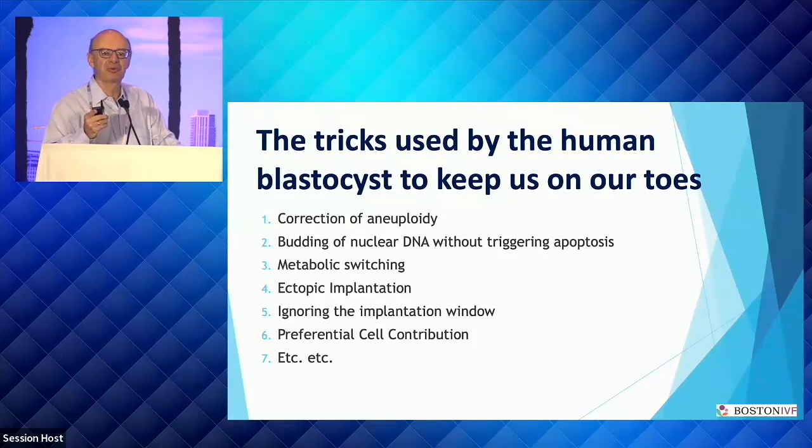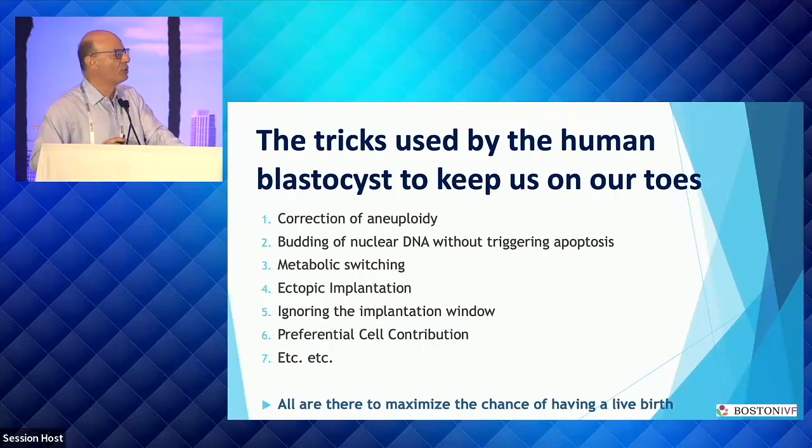So when Bob Edwards and Steptoe did the first transfers, if they did that in any other species in the world, it wouldn't have worked and we wouldn't be having this conference here. There's preferential cell contribution, as we saw from the 2-cell, and there's much more the embryo can do. Embryos are very, very clever, and all of these tricks are there to maximise its ability to have a live birth.